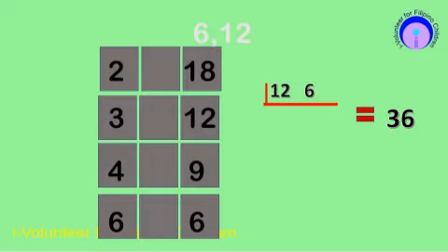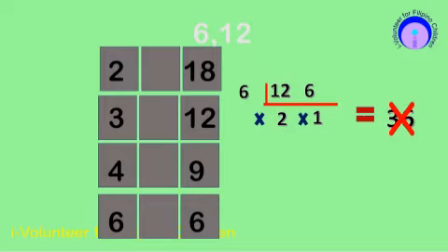What about 6? 6 times 2 times 1 is not equal to 36. How about trying 18? What is common to 12 and 18? Let's try 6. 6 times 2 times 3 is equal to 36. 18 is the second number.